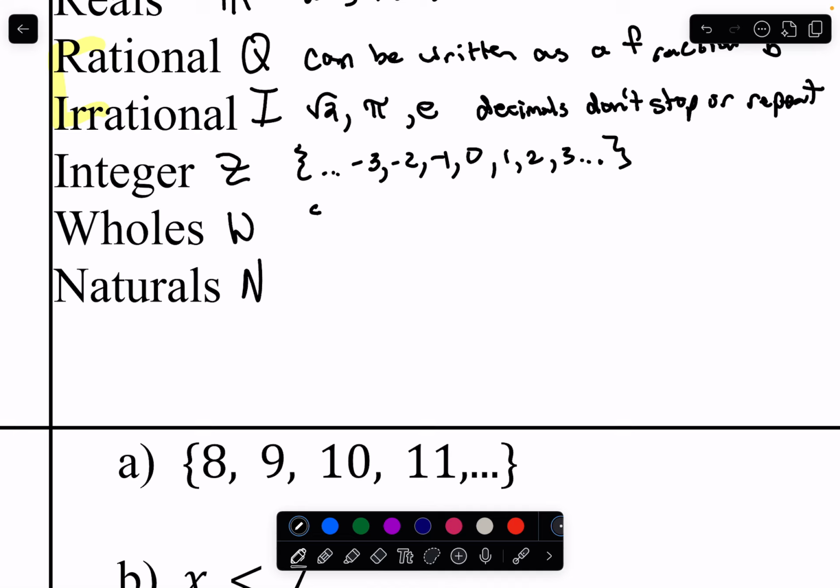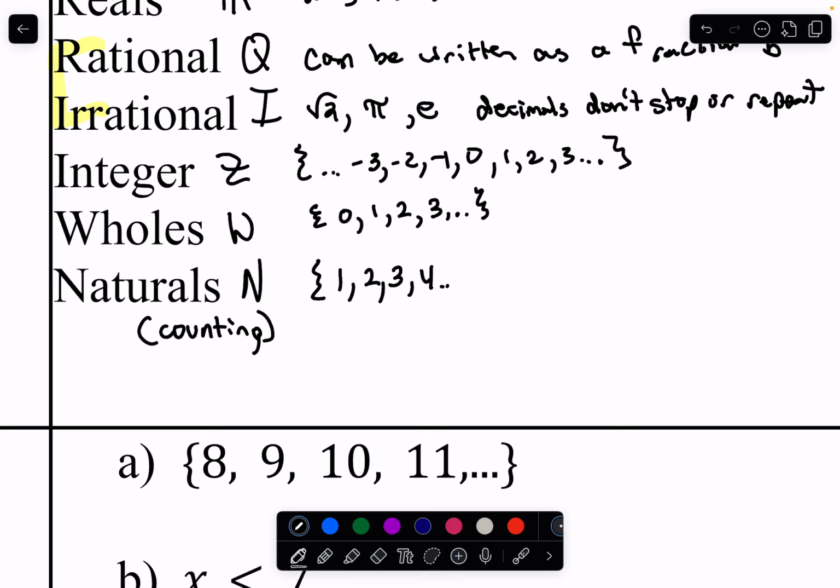Whole numbers include 0 and the positives only. The natural numbers sometimes can be called the counting numbers, and that's because it's like we count. When you teach a little one to count, you start with 1, and it goes 1, 2, 3. We didn't really add 0 to our number systems until quite some time later on, okay?